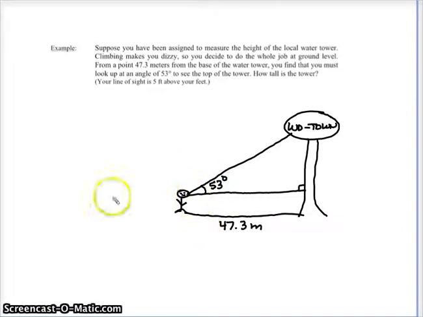Now the one thing we'll also have to account for at the very end is that your line of sight is 5 feet above the ground. So this distance right here is 5 feet, and we'll account for that later on. The question asks us to find the height of the water tower.